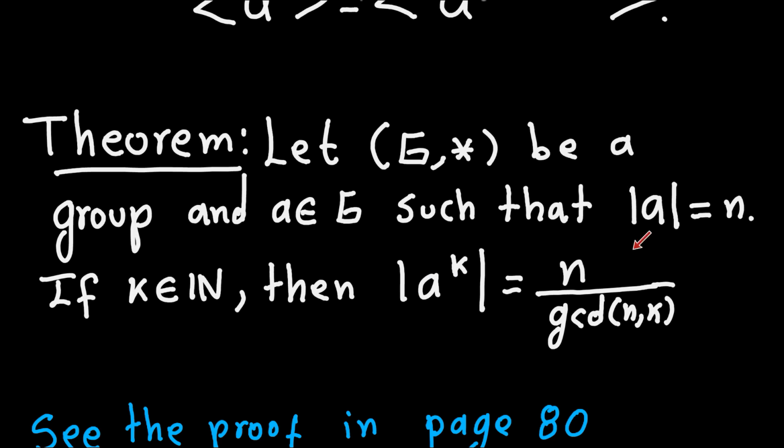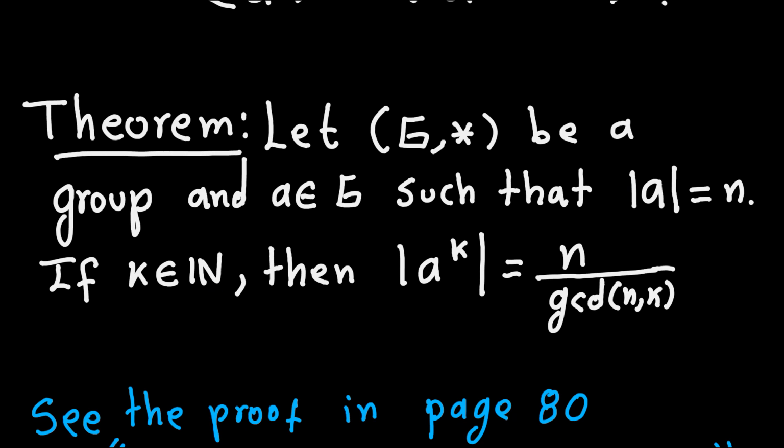So this theorem tells me the order of any power of a, knowing the order of the base a. If k is a natural number, then the order of a to the k is equal to n divided by the GCD, or greatest common divisor, between n and k, where n is the order of the element and k is this exponent.